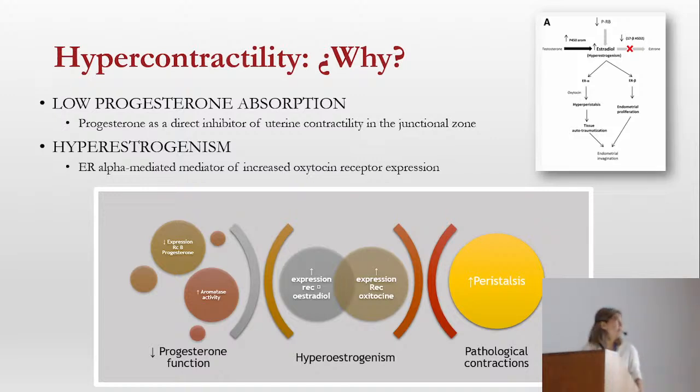And we know that the alpha receptor of estrogen can mediate oxytocin, and it's also possible that it can decrease the expression of progesterone receptor B. So it means that hyperestrogenism can possibly impair the function of progesterone, and in the same way it increases oxytocin, right? So these are two theories for why we have this hypercontractility that can decrease the pregnancy rate of our patients.